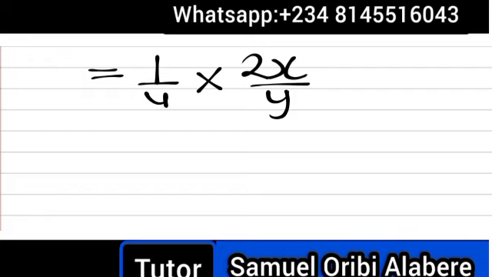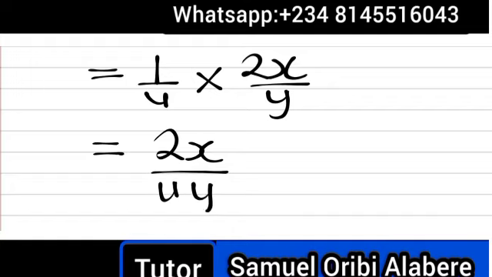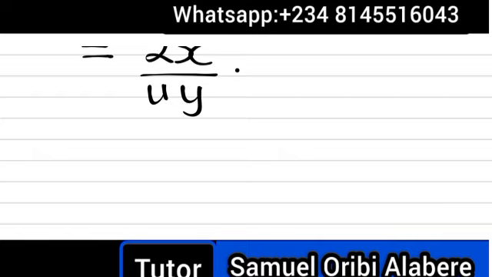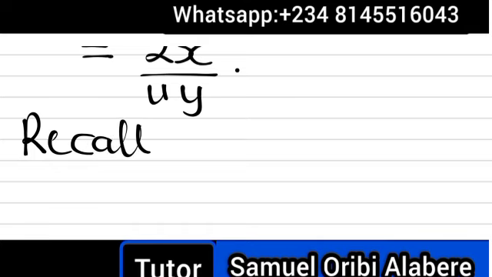So when we further evaluate, this will be equal to 2x all over u times y. But we should recall that u is equal to x raised to the power of 2 all over y.